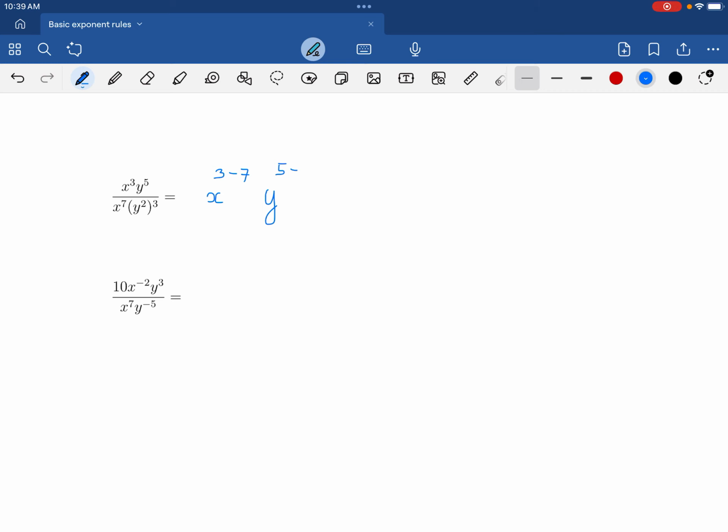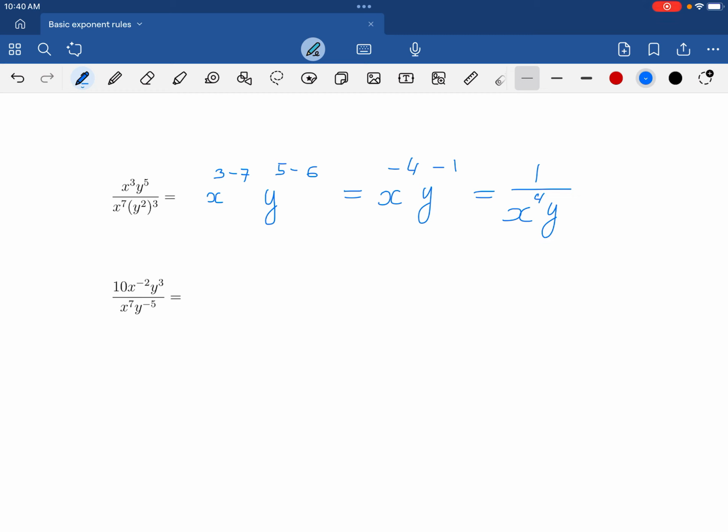So we have to multiply 2 times 3. And so we obtain x to the negative 4 multiplied by y to the negative 1. So this results in 1 over x to the fourth and y, when we don't want to leave negative exponents.